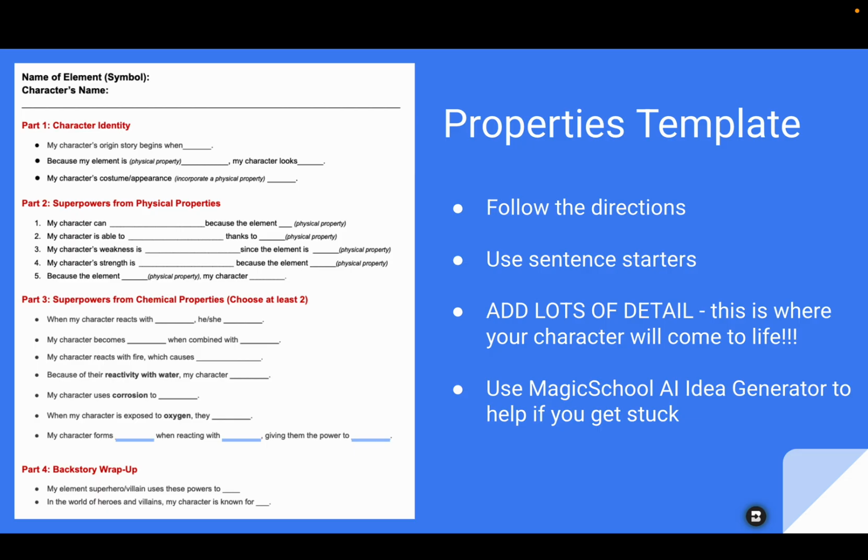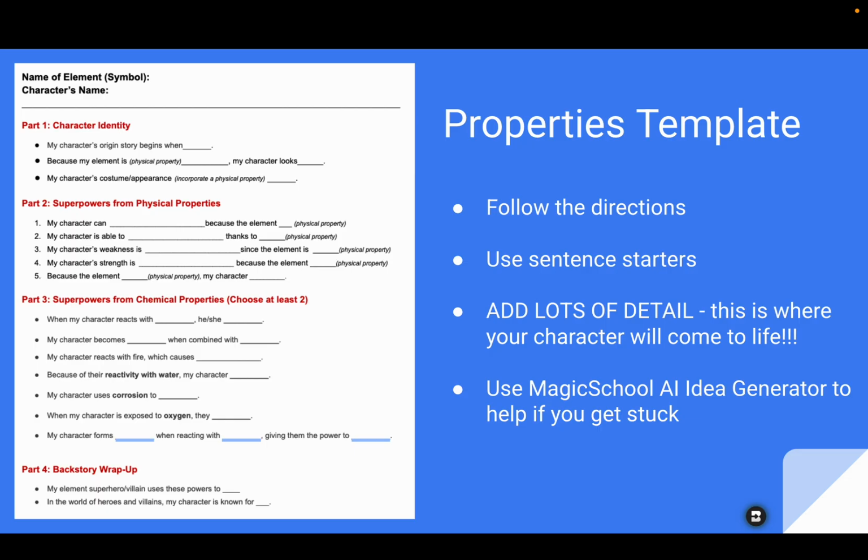Part 2 is using your physical properties. You will have to include information for all of those. Notice number 3, I included a weakness because that can be really interesting, and you might get some really interesting pictures and really cool image with that too.